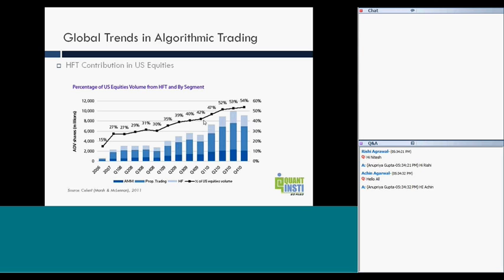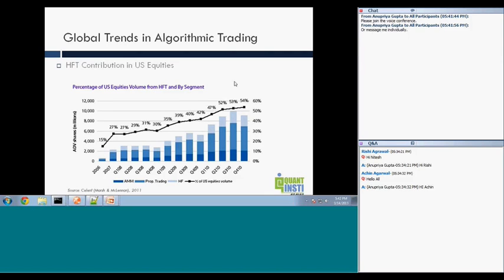When I say HFT, it is definitely algorithmic trading, but it might not include all of the algorithmic trading strategies. You can see that till 2010, 54% of the overall US equities volume was contributed by HFT trading strategies.